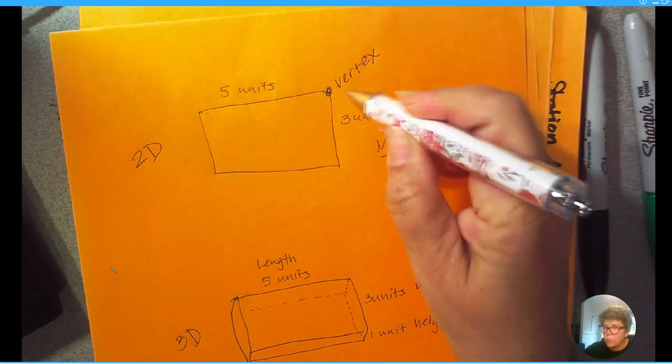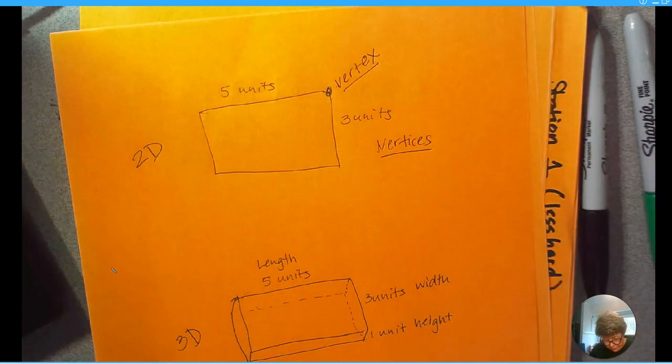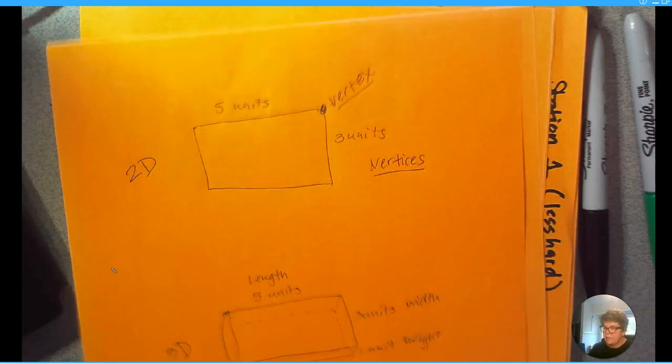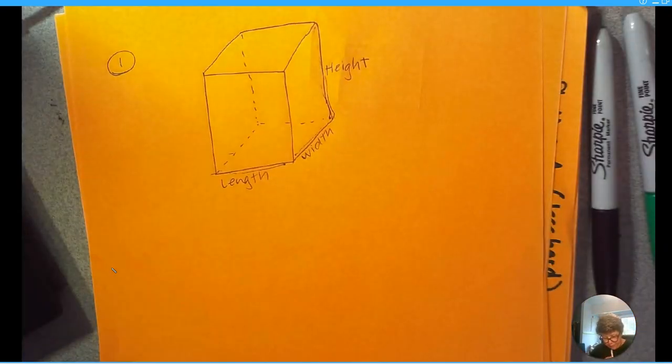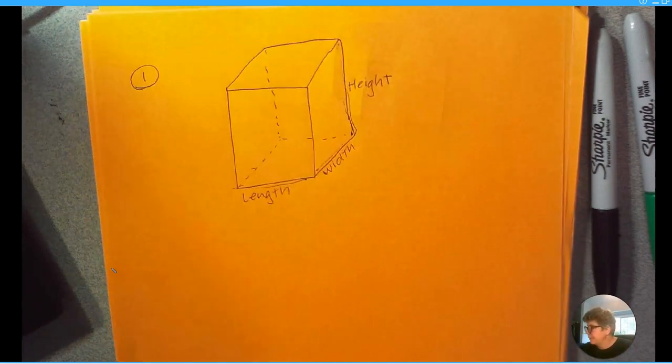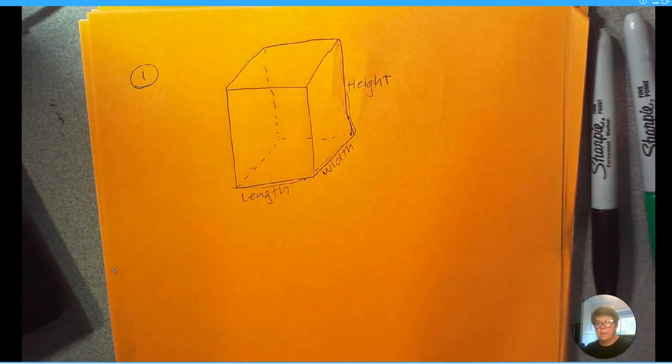So vertex, 1 corner, vertices, 2 corners. What about rectangular prisms? Do they have 4 sides and 4 corners? No, right? They have faces and edges and vertices, like we were talking about, but more than 4. So let's talk about a little bit more vocabulary.